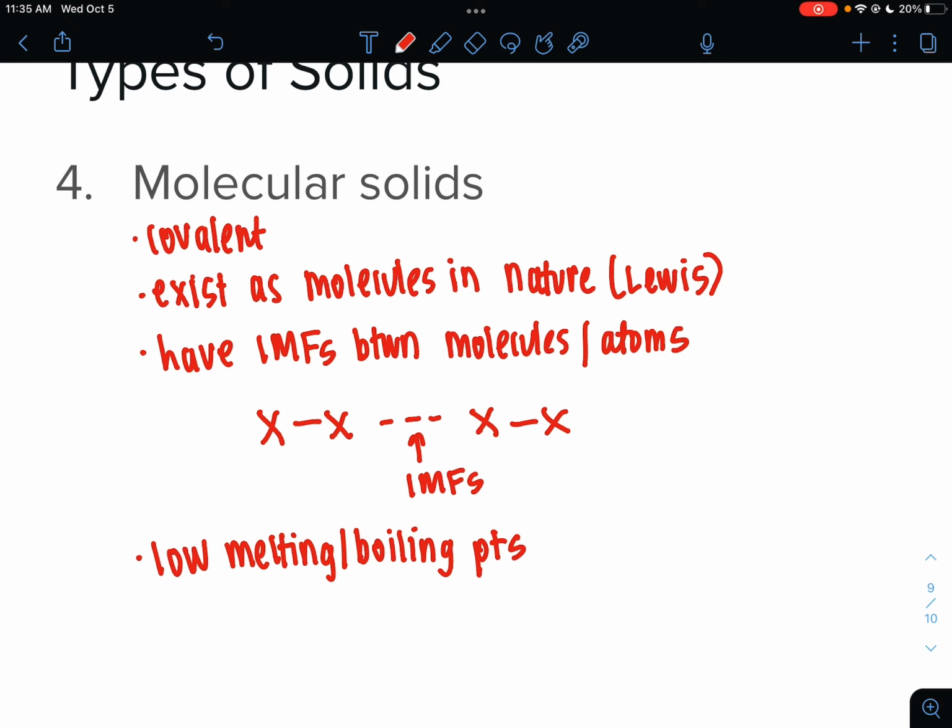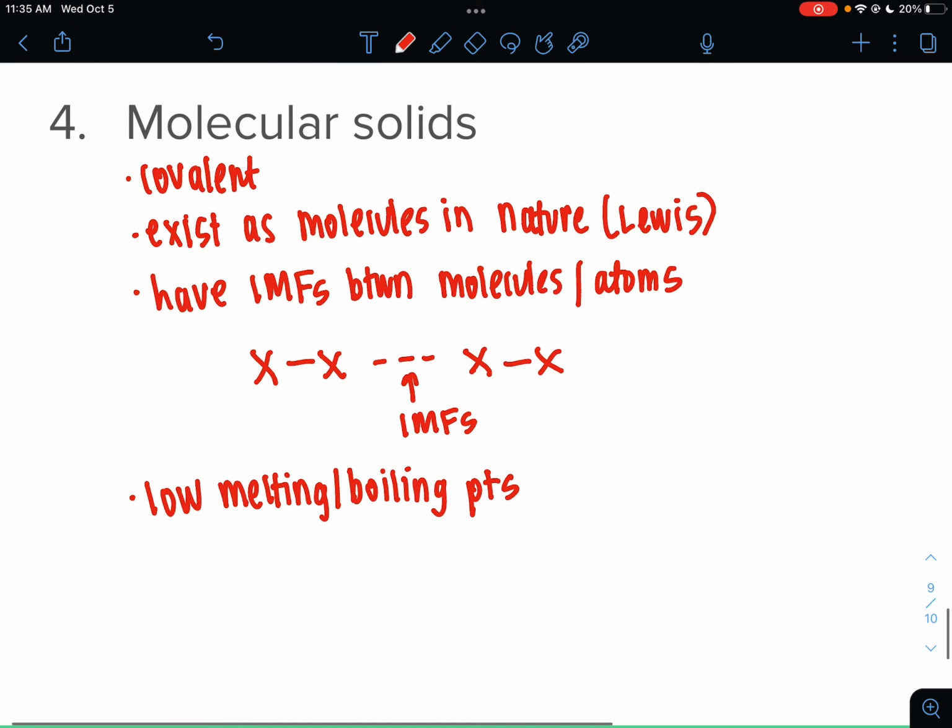And you would be able to compare them based on your IMFs. Right? And then again, these are not conductive. That you should know from Honors Chem. That covalent things do not conduct as a solid. Covalent things do not conduct when they are dissolved in water.